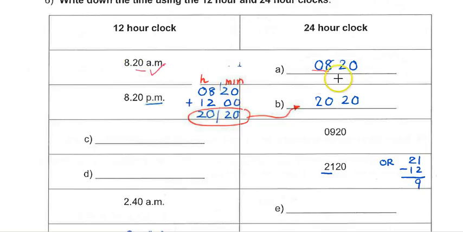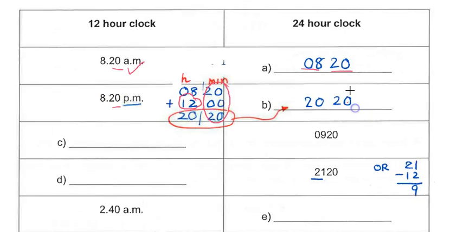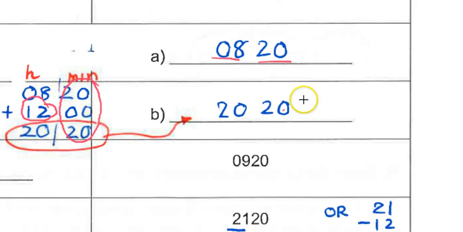So 0820. Now, if it is p.m., it is 12 hours later. So what you need to do, ignore this part. The minutes are still the same. So 20 here is still the same over here.